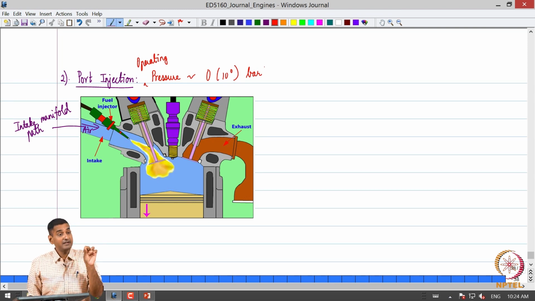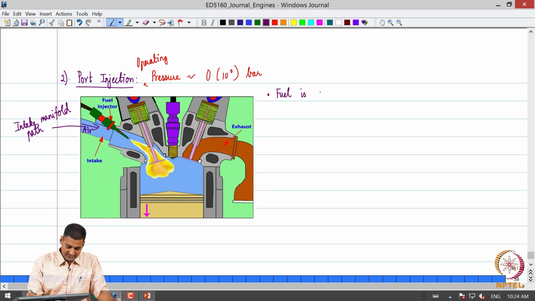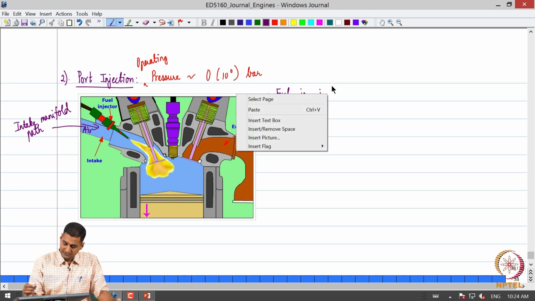So with higher injection pressure, the atomization of the fuel will be better, and it will mix better with air, and then atomization and vaporization will become more efficient, okay.